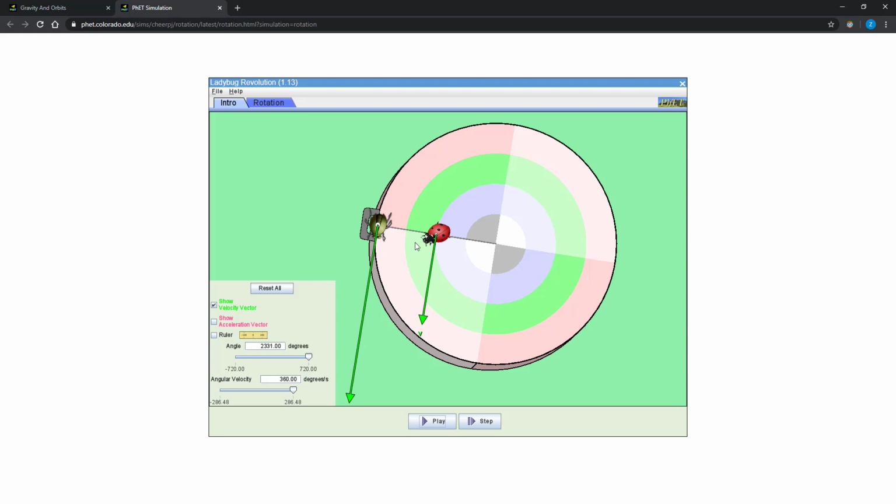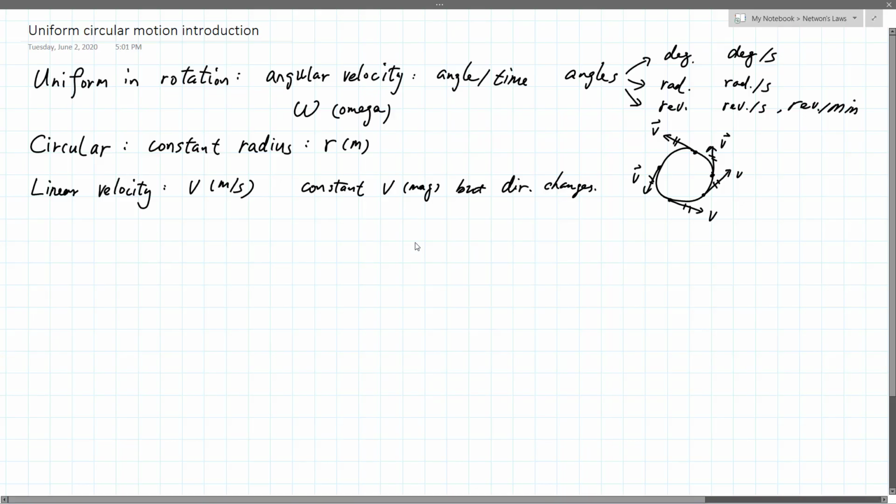So let's get back to the notes. With the linear velocity, because we're covering this circumference, say S circumference is equal to 2 pi r, right? And the velocity is basically how much arc distance you're covering per second. So this is S over time.